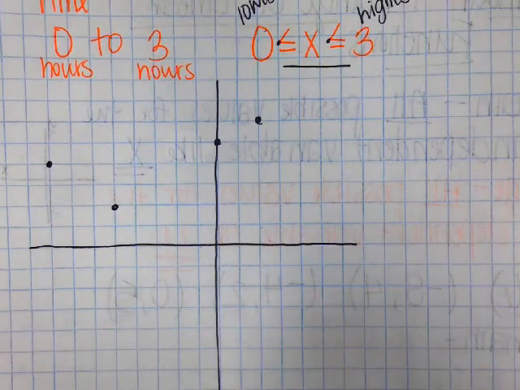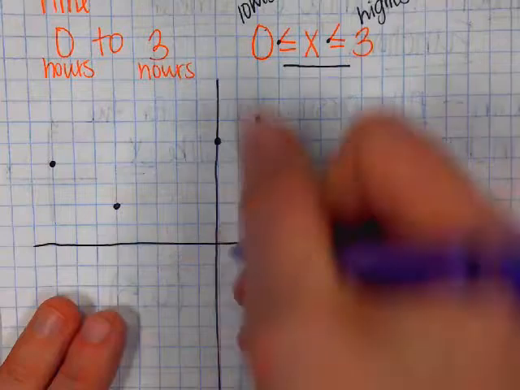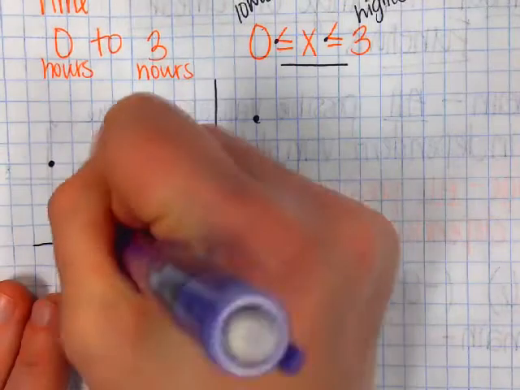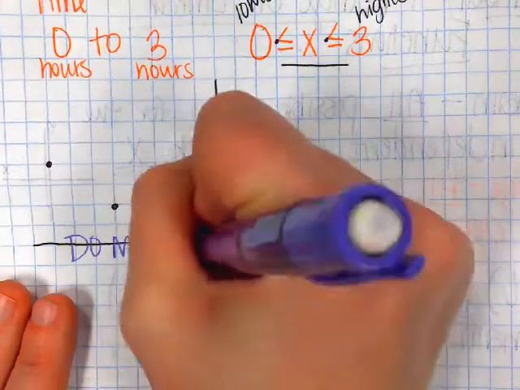If these are the same values that you just did, but if I gave you points like this and I said, what is the domain, what is the range?